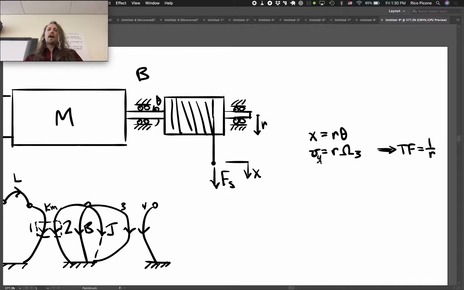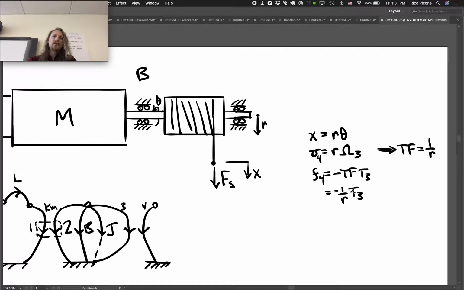And that means that we have the other equation, the kinetic equation, comes for free. F4 is going to be negative TF times the torque 3, which if you plug in the TF is 1 over R, you get negative 1 over R, torque 3.